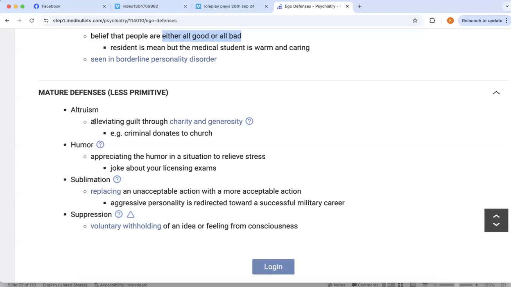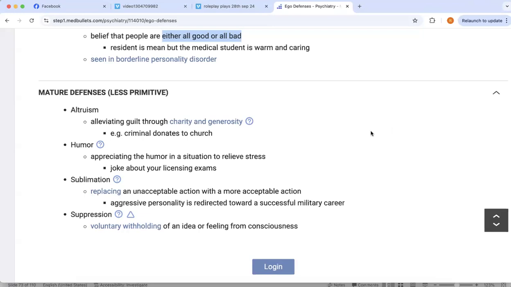Now see this one. Altruism is alleviating guilt through charity and generosity. Like a criminal donates to the church. That's altruism. So a patient with Hep C starts working in a charity organization serving Hep C patients. So it doesn't look like a reaction formation, right?